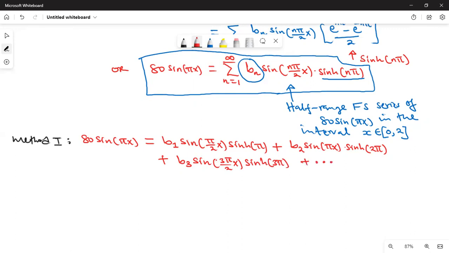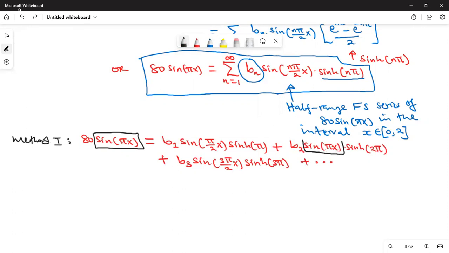Then what you do, you compare the corresponding coefficients. I need the coefficient of sine pi x on the right-hand side. Sine pi x is this one.